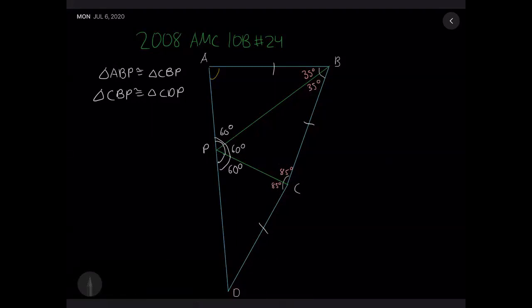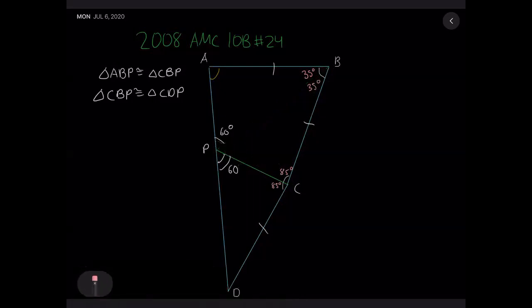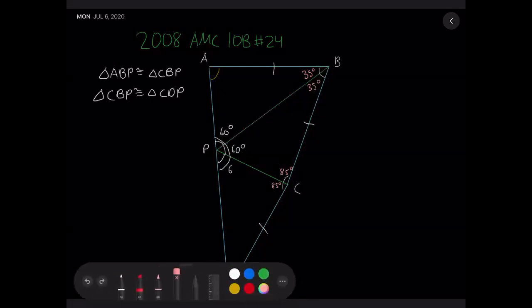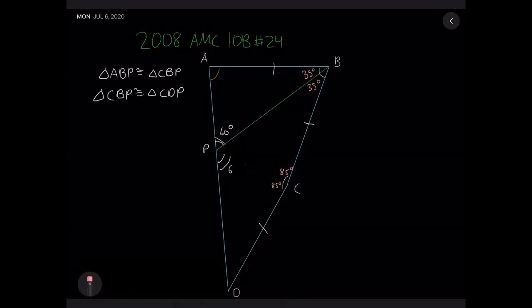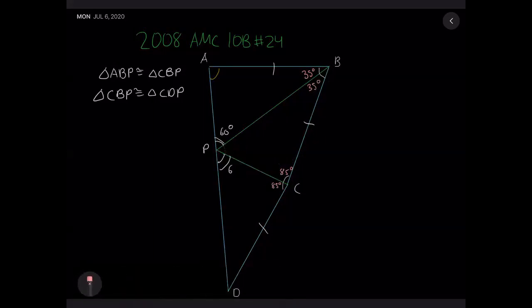But we notice that this angle over here is going to be the same as this angle over here because we know they're congruent triangles. So we actually didn't even need this 60 degrees to begin with. So we can actually erase that. Erasing is very hard on this app.